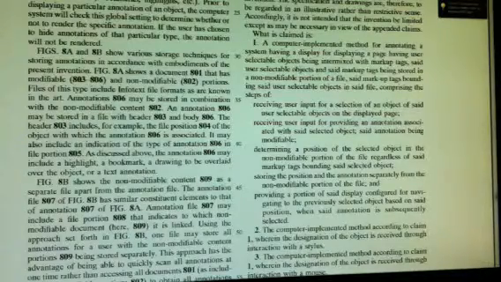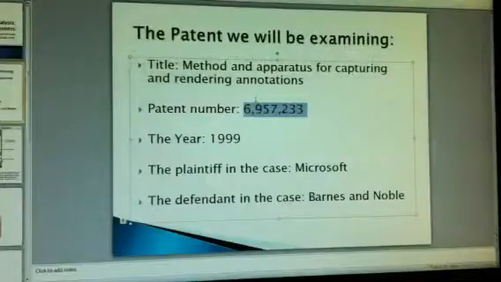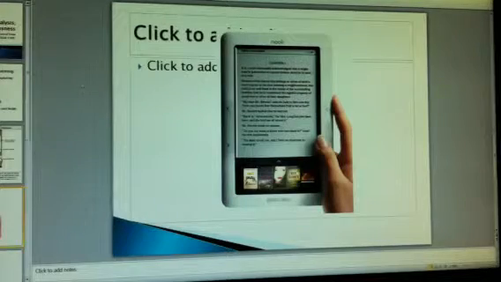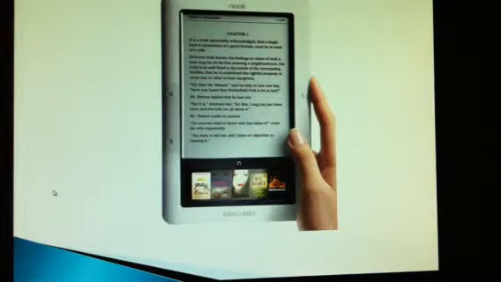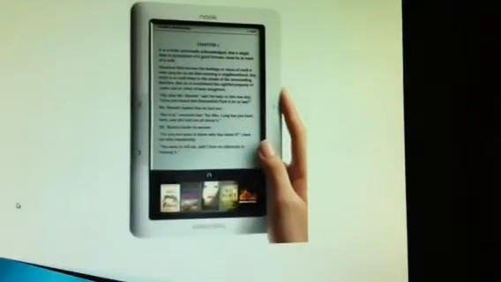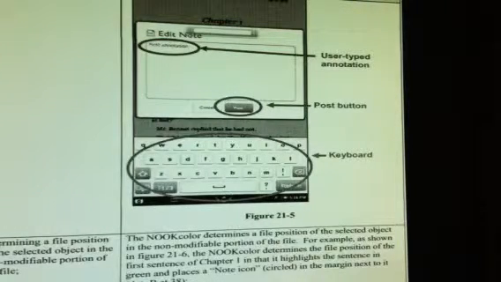As for the features, you could see that in the various technologies that they hold, they do have this feature outlined. Now let's take a look at the Barnes and Noble Nook. Yes, here we are. So this was the device that infringed on the patent, and right here we can see this is exactly what our claim was talking about.